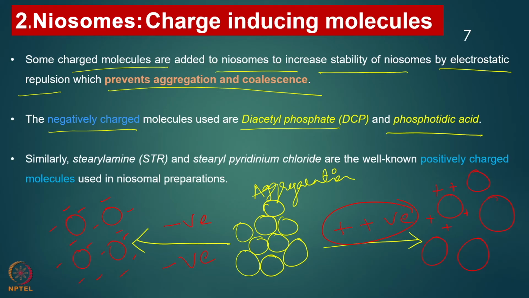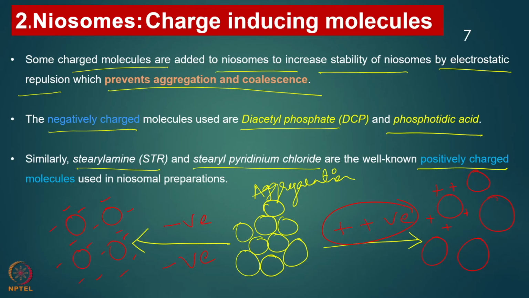If you are looking to add a positive charge on your surface, you can go with any amine based components, that is stearylamine, and you can also use stearylamine chloride, both of which contain an amine group in their structure, which will give the positive charge on the surface of your non-ionic surfactants. With this you can enhance the stability, and also control the aggregation and coalescence in your niosomal formulations.